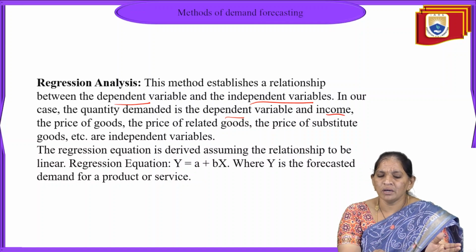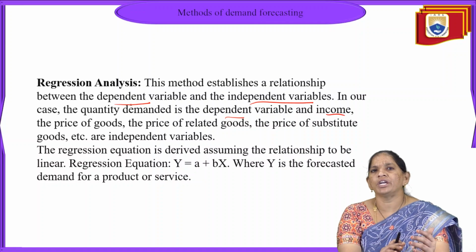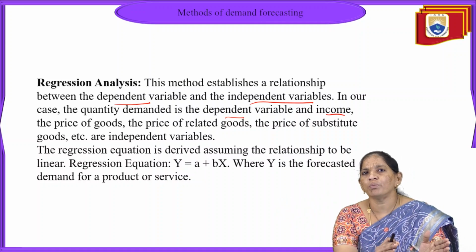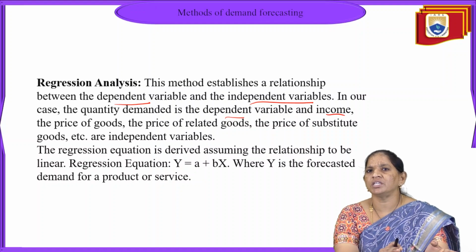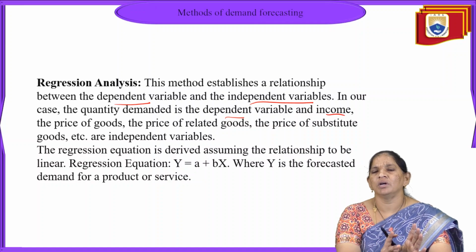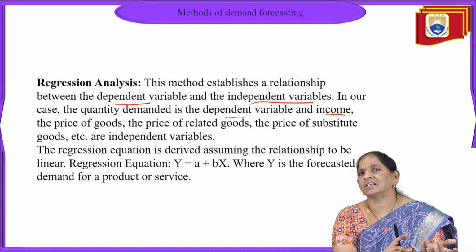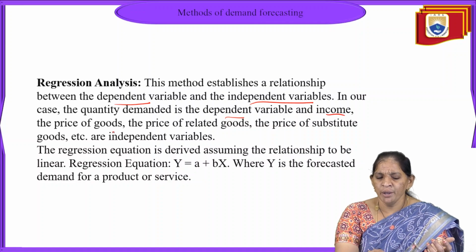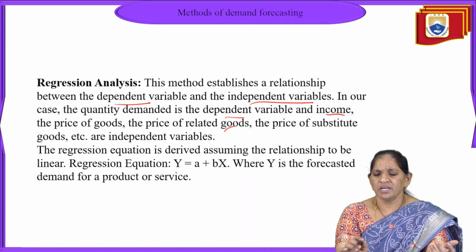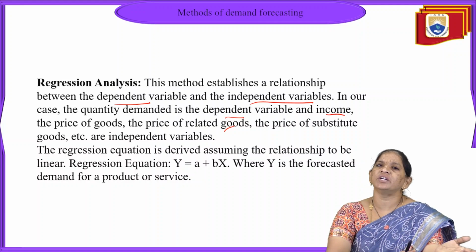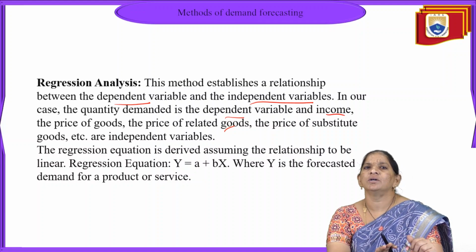Means one is a known variable, which is the quantity they want to purchase. Another variable, which affects my sales or the product, is not known, which we call the independent variable. For example, we can consider the factors of demand or supply like income of the consumer, prices of the goods, prices of related goods or substitute goods. We can take any of those factors as an independent variable.